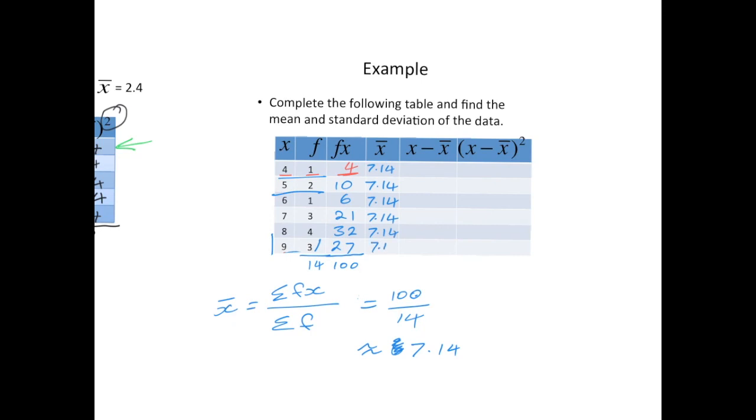So then you fill in the mean column with 7.14. Then you find the differences between the mean and the original values of x and fill in the second last column.